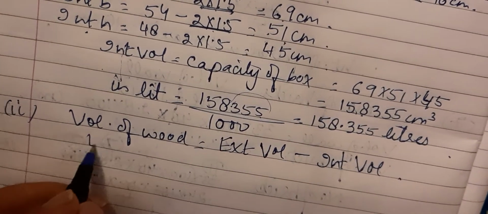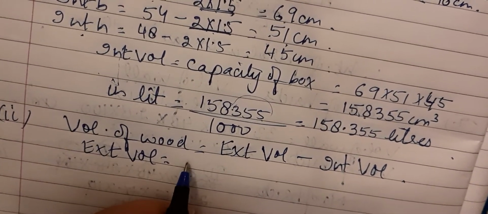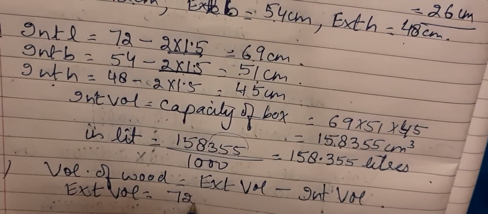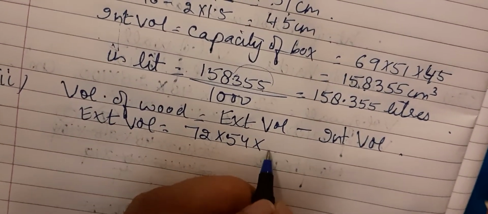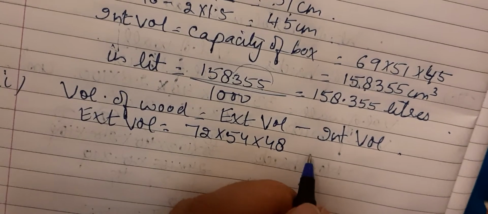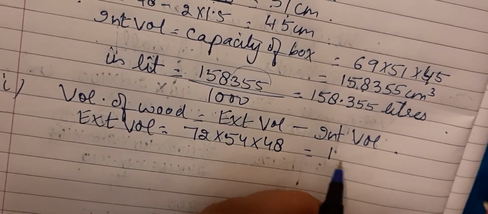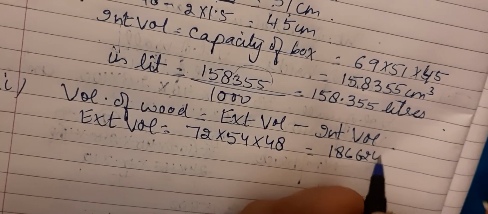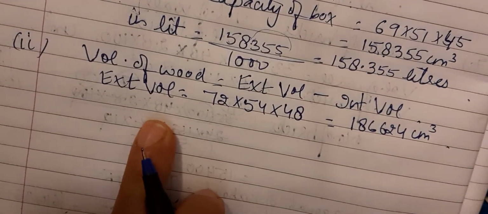Now we are going to find the external volume. External volume is to take the external dimensions, that were 72 into 54 into 48, and when you multiply them, you are going to get 186624 centimeter cube. This is external volume.